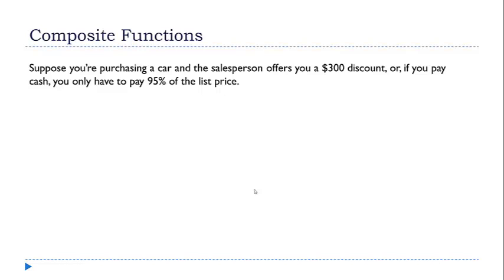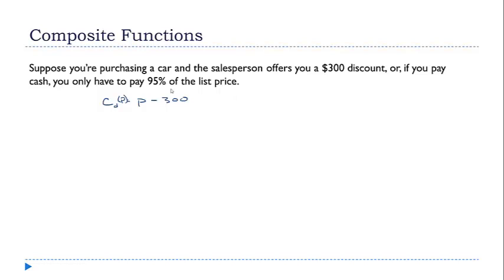All right, so let's look at a quick example here. Suppose you're purchasing a car, and the salesperson offers you a $300 discount, or if you pay cash, you only have to pay 95% of the list price, which is 5% off. All right, so let's come up with two functions here. The cost after the discount, let's call this D of P, where P is the list price, is P minus 300.